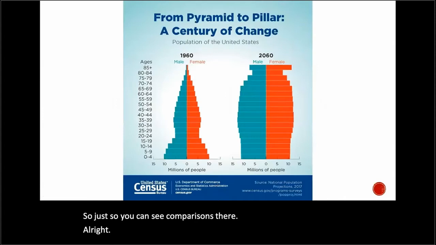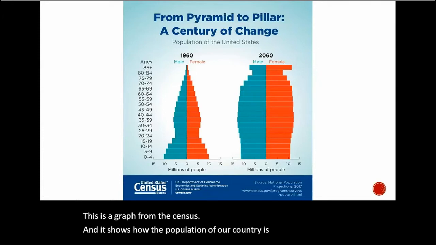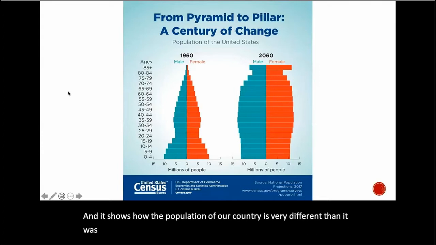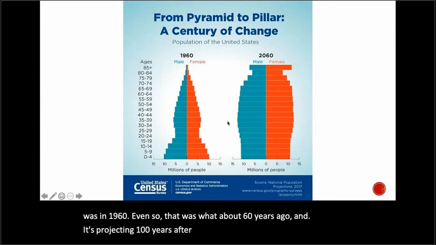This is a graph from the census, and it shows how the population of our country is very different than it was in 1960 even. That's 60 years ago. And it's projecting 100 years after that. So we're somewhere in the middle right now, if you will.